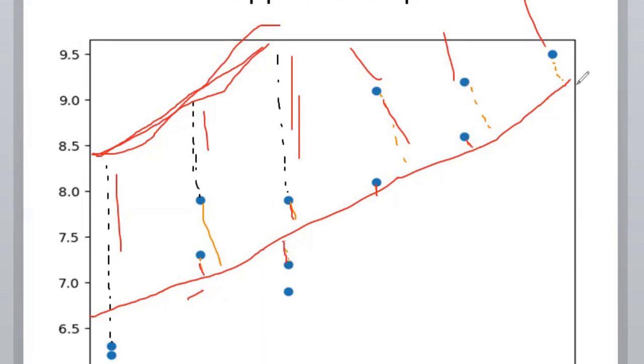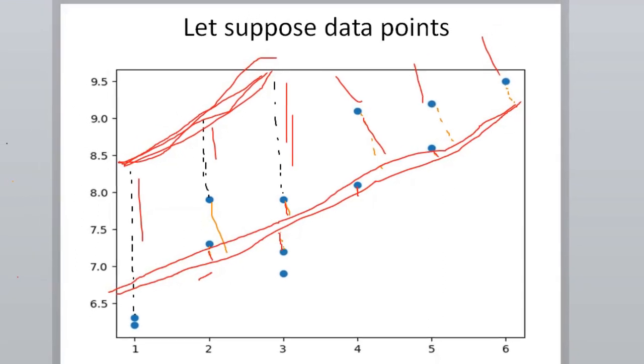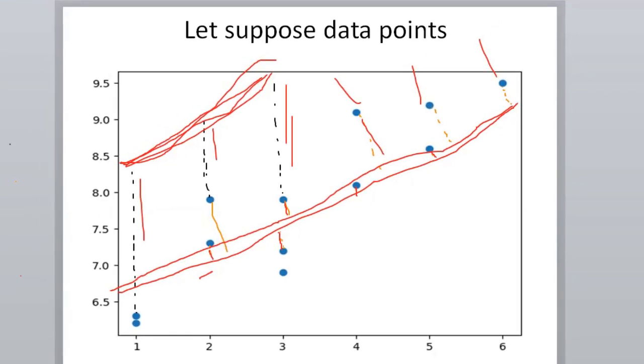So I think that this line is a better fit for our model instead of this line. But Python will not think this way, like I'm saying. Python will calculate the exact distances and it will select the line with the least distance.